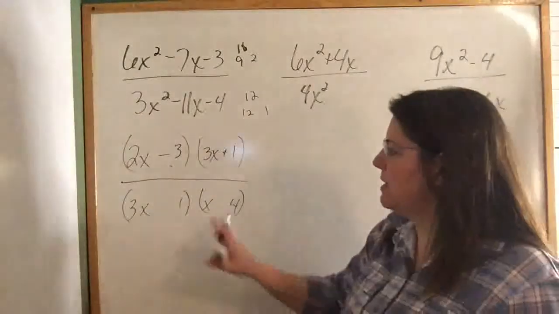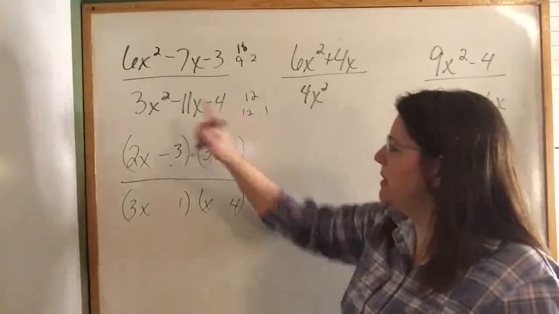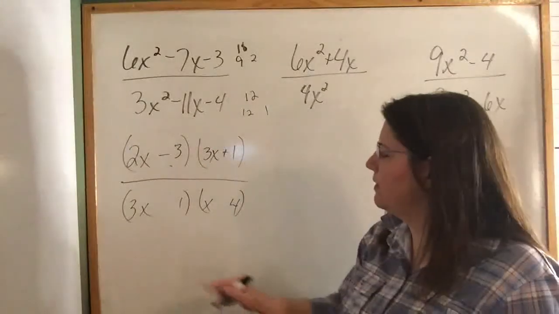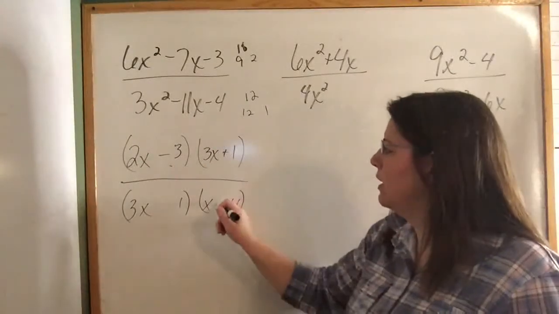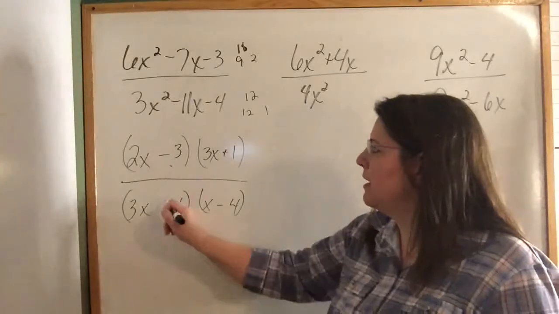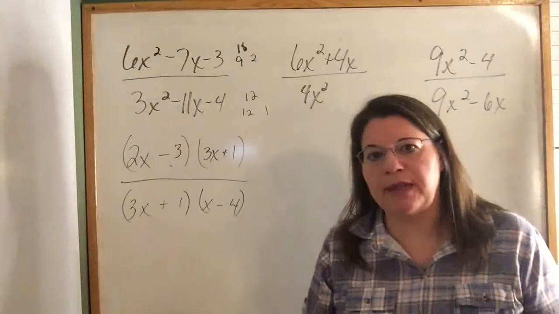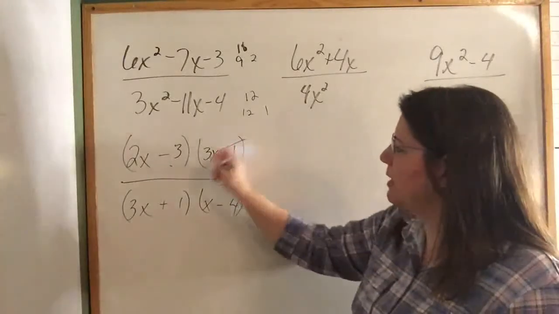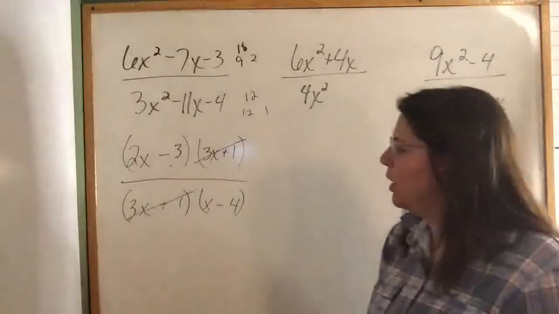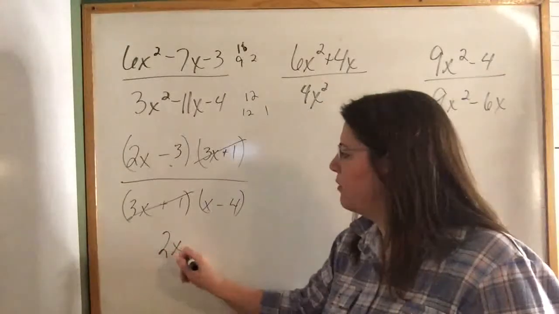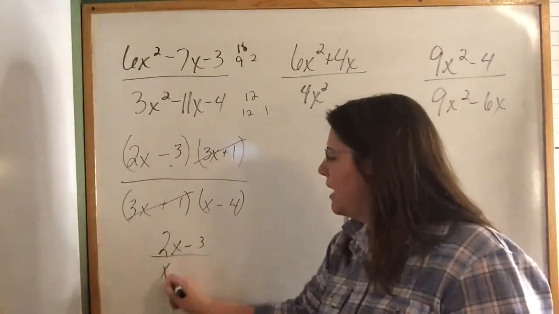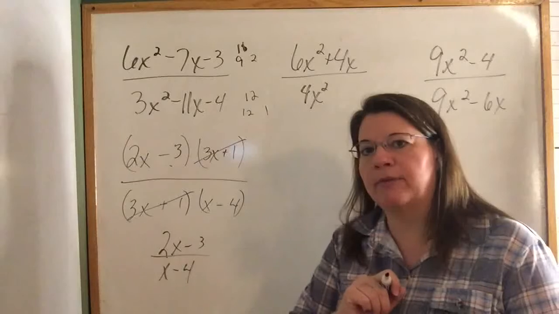The minus tells me these have different signs. The big number gets the minus, so the 12 is the big number, so 3 times 4 is 12, so that gets the minus, and the plus goes in front of the 1. And then we're going to cancel a factor that they both have in common, and the common factor here is the 3x plus 1. So we've got 2x minus 3 over x minus 4 as my final simplified answer.